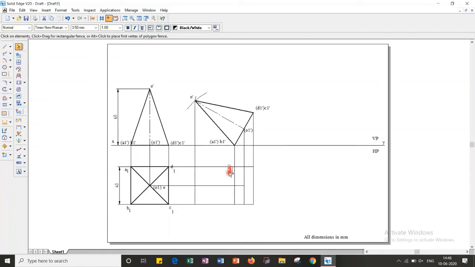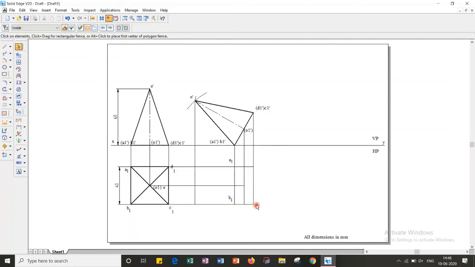So this is point A1. Vertical line from B1, horizontal line from B1, these two will intersect here. So this is point B1. Mark B1 point next.